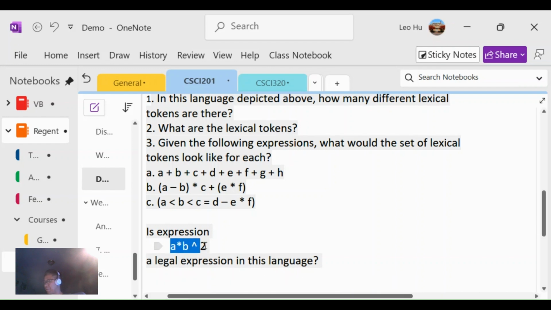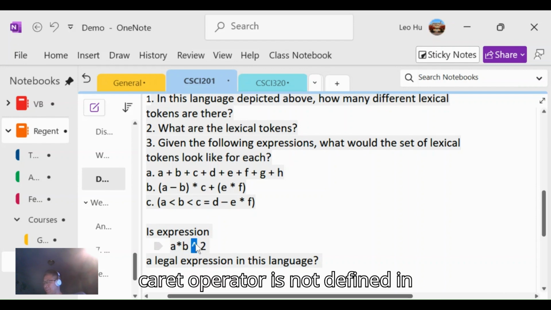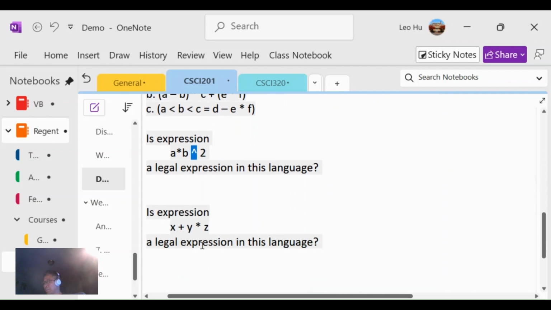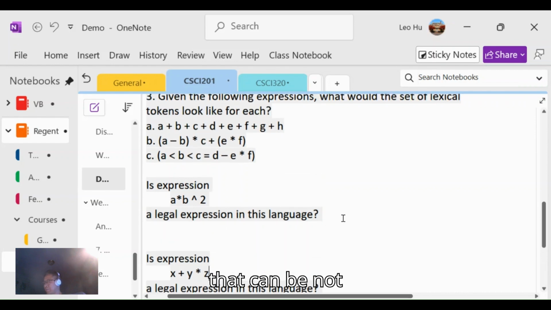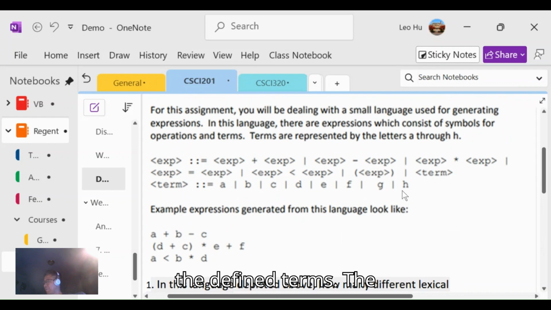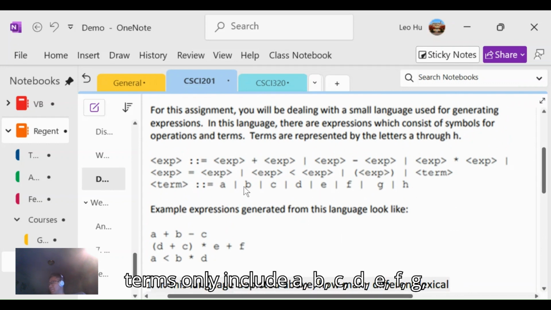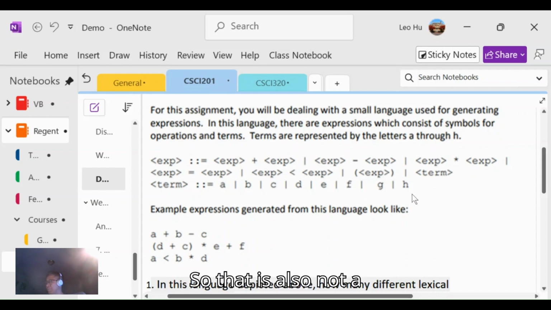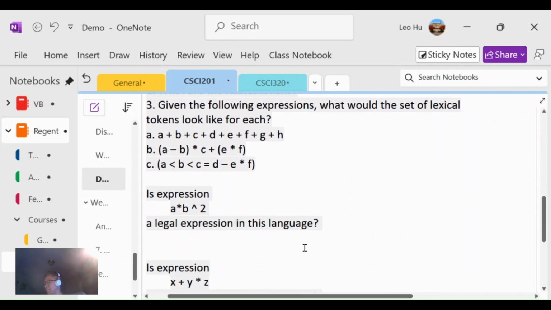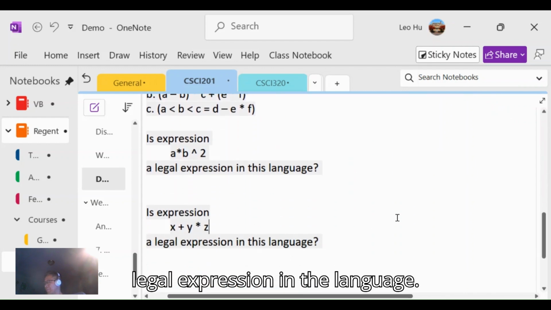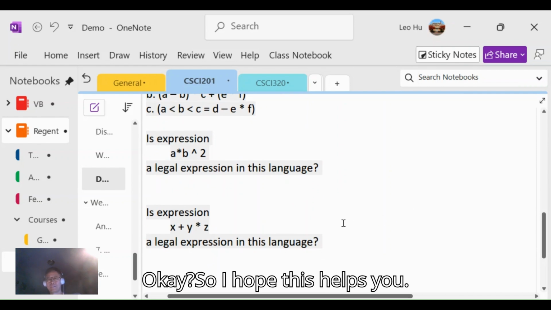Like this one is not, because the caret operator is not defined in the language. And the other one is like this one: X, Y, Z are not defined terms. The terms only include A, B, C, D, E, F, G, H, no others. So that is also not a legal expression in the language. Okay, I hope this helps you.